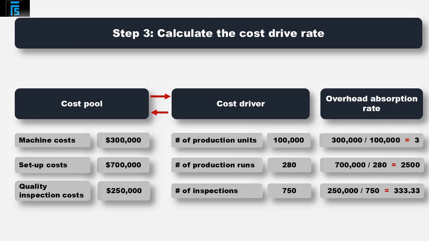The cost driver here is the number of inspections, which total 750, being 250 for product A and 500 for product B, resulting in a cost driver rate of $333.33 for every inspection.